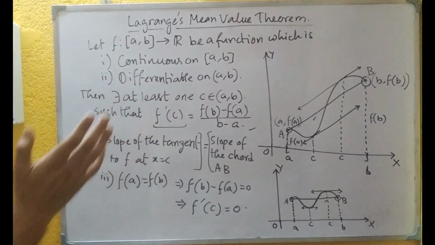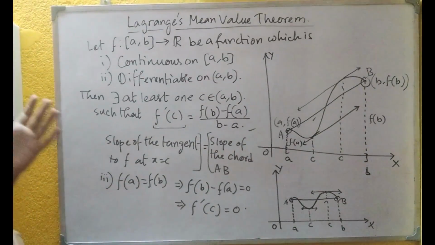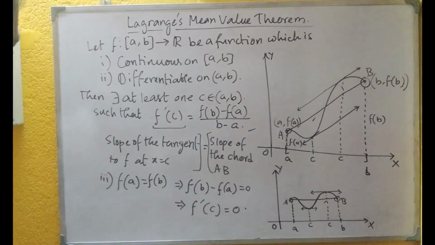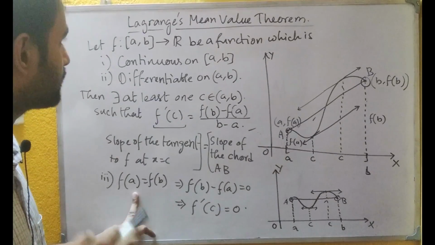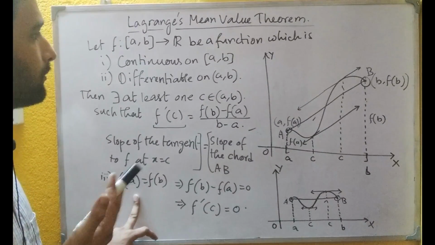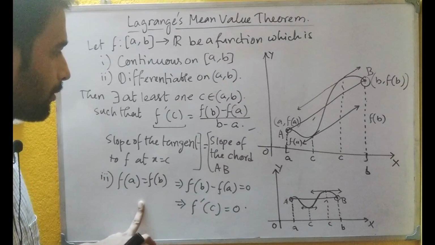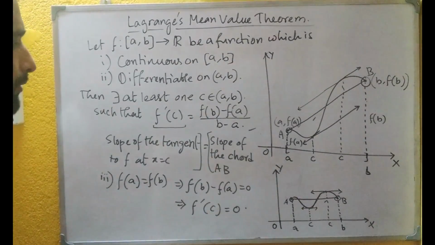So what we can say is that Lagrange's mean value theorem is a more general version of Rolle's theorem, and if the third condition, f(a) equals f(b), is also imposed in the theorem, then this theorem becomes Rolle's theorem itself.